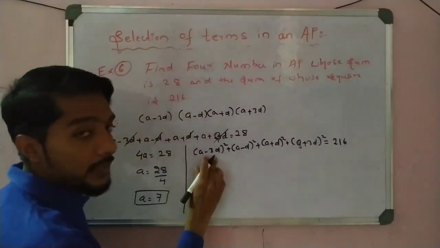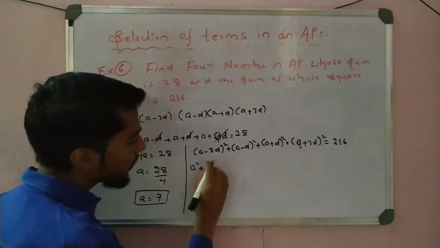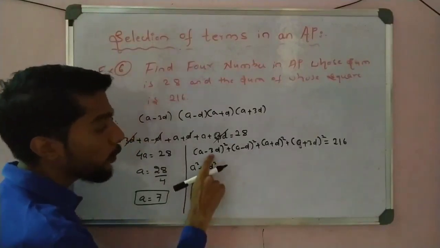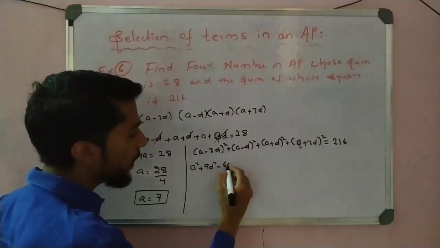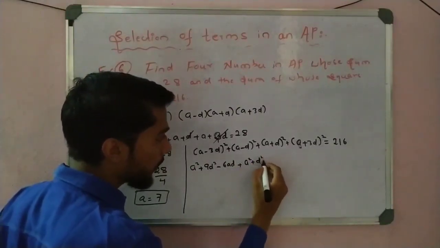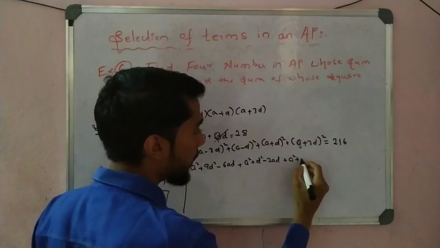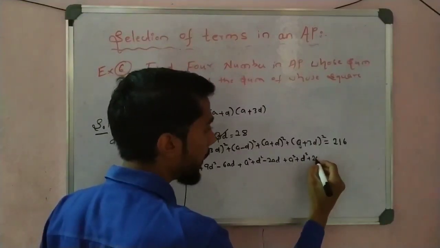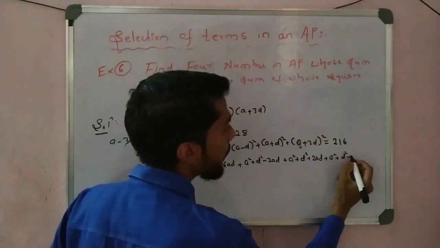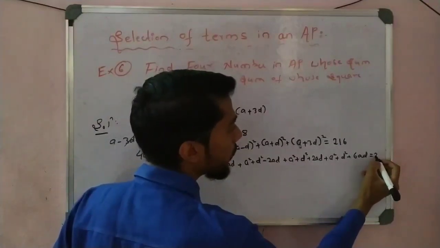Okay, now see here, a minus 3d whole square, that is a square plus 9d square minus 6ad. Then a minus d whole square is a square plus d square minus 2ad. Then a square plus d square plus 2ad, and a square plus 9d square plus 6ad is equal to 216.